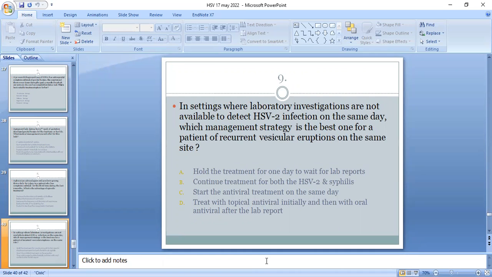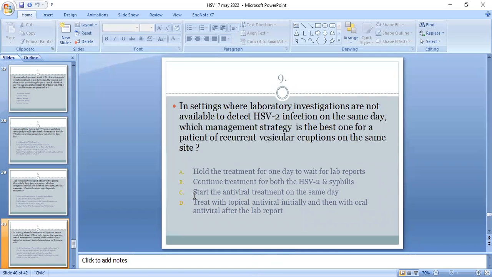Whether to hold the treatment for 1 day to wait for the lab reports, or continue treatment for both herpes simplex type 2 and syphilis, or start the antiviral treatment on the same day, or treat with topical antiviral initially and then with oral antiviral after the lab report. Which is the correct option? C, Charlie, is the correct option.